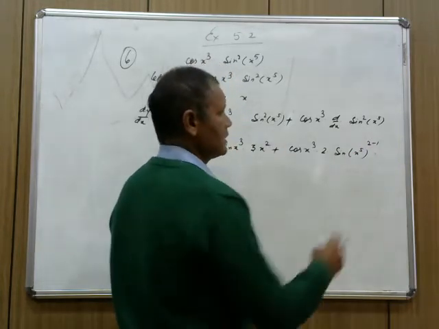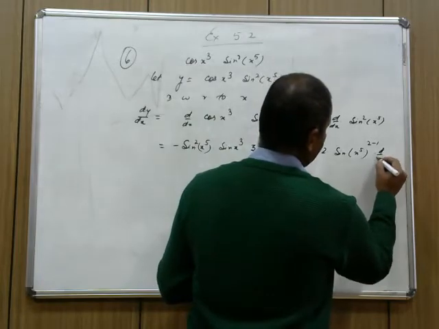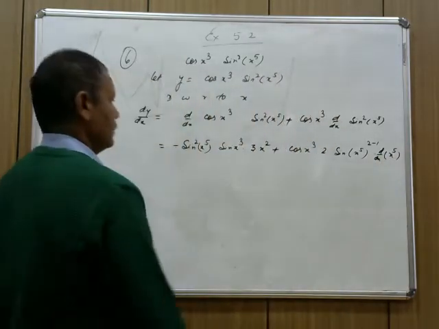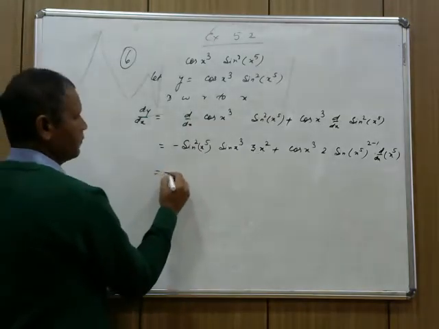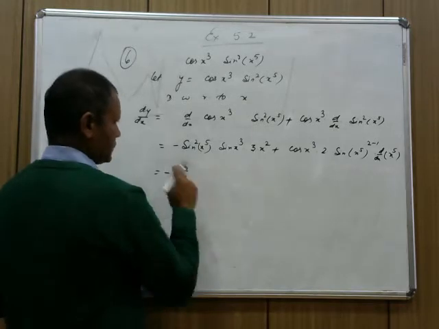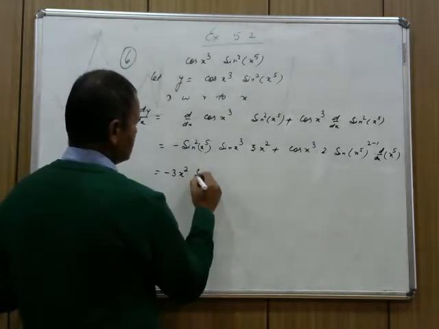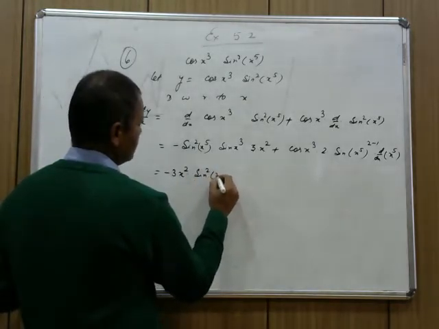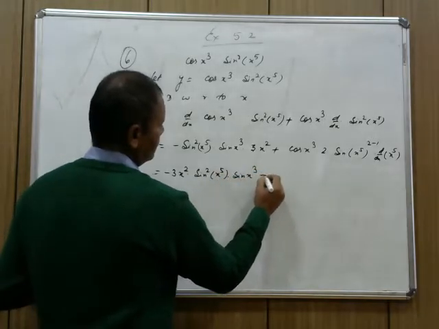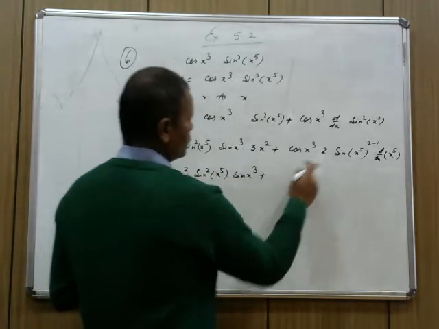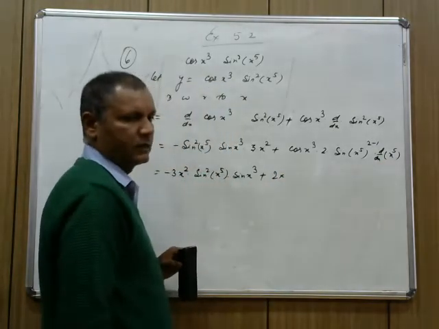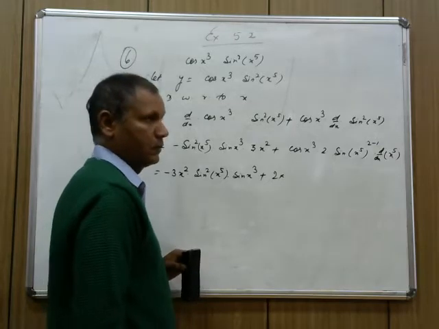Now differentiation of x to the power 5. So now here I write minus 3x square into sine square x to the power 5 into sine x cube plus 2 into differentiation of 5x square, which will have 5x to the power 4.